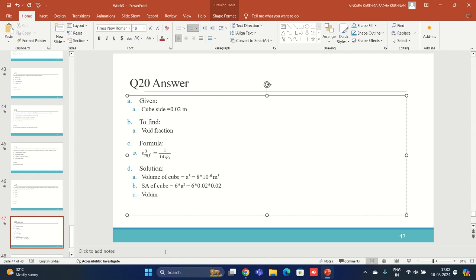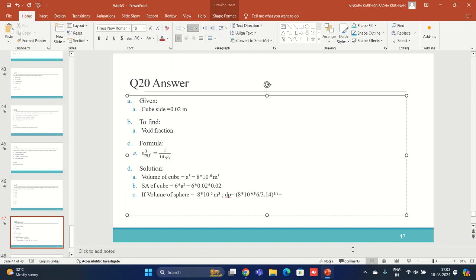The volume of the sphere is equal to this: pi by 6 dp cubed is equal to 8 into 10 power minus 6, so dp is 6 divided by 3.14 times this, to the power 1 by 3.